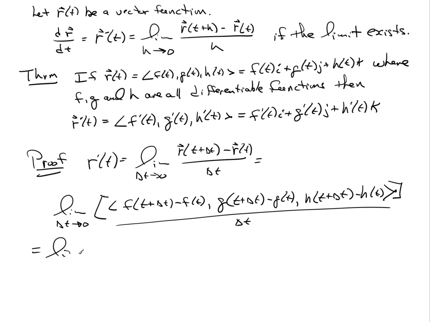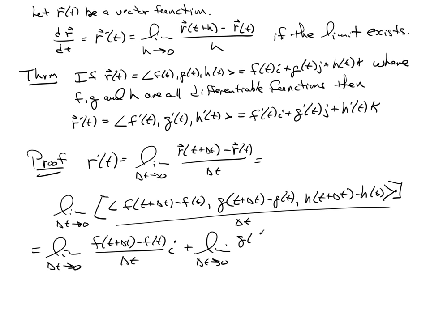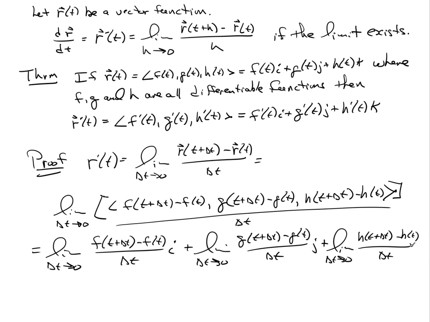which is equal to the limit as delta t goes to 0 of f of t plus delta t minus f of t over delta t, i, plus the limit as delta t goes to 0 of g of t plus delta t minus g of t over delta t, j, plus the limit as delta t goes to 0 of h of t plus delta t minus h of t over delta t, k.